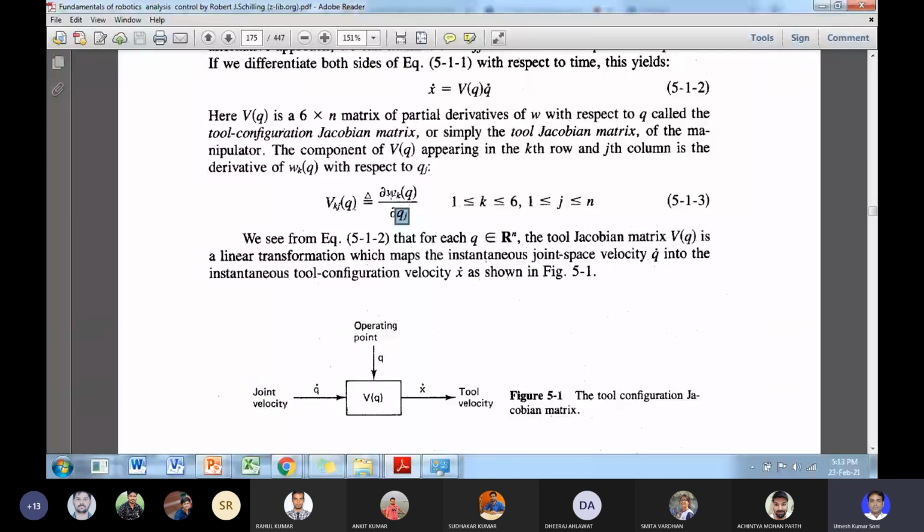So this tool configuration vector is differentiated, we use partial differentiation, and each element is differentiated with respect to individual joint variables q1, q2, q3, and so on.